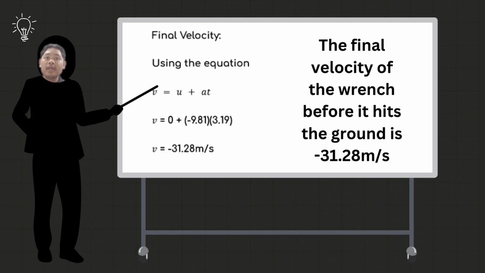So we can conclude that the final velocity of the wrench before it hits the ground is negative 31.28 meters per second.